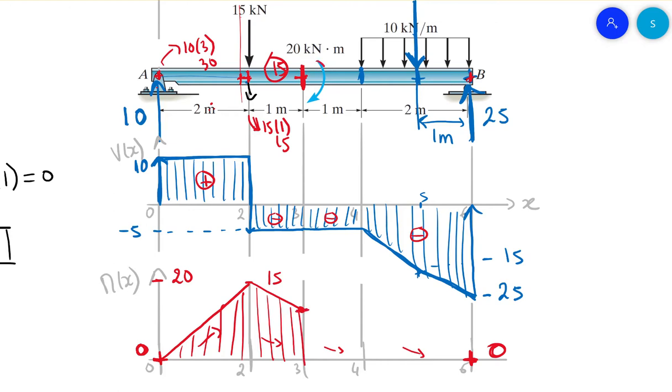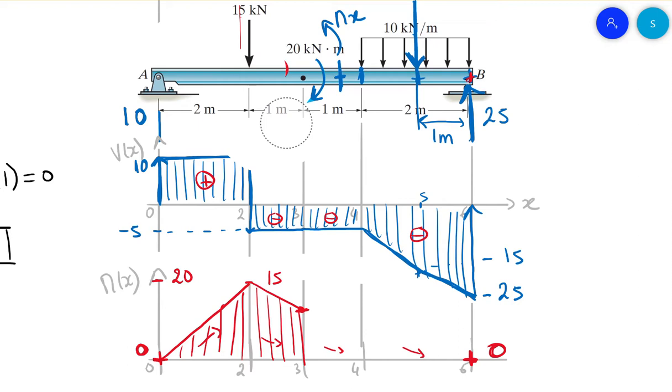Now at this point, we decrease by 20 kilonewton. Do we increase or do we decrease? Okay, so this moment is going down. If we cut here and solve for the moment about x somewhere there, we will have 10 times this distance, so 10 times 4.